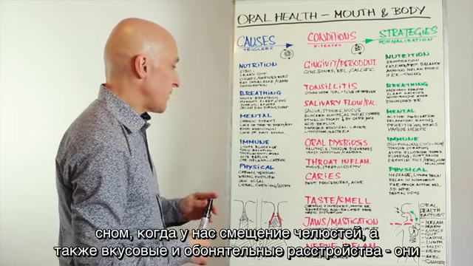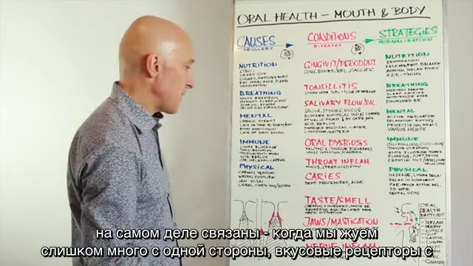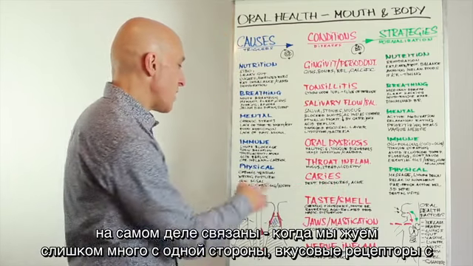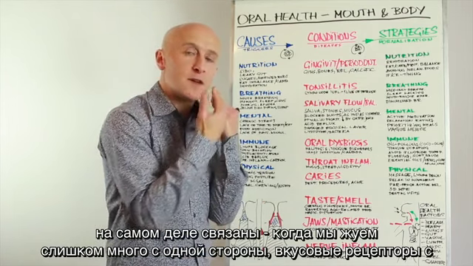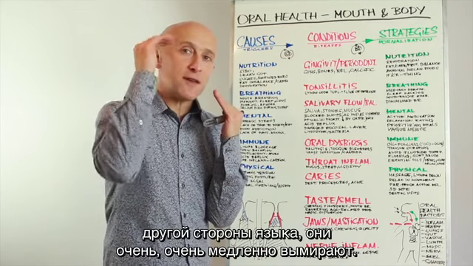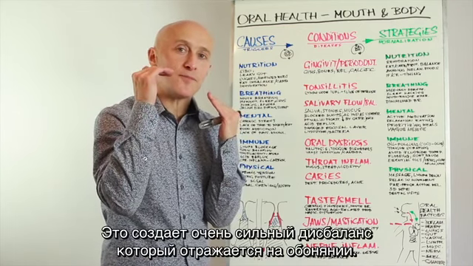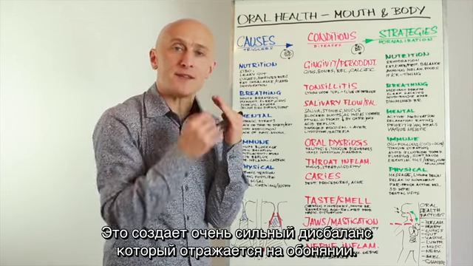When we have misaligned jaws, we have problems with sleep too, and we also have taste and smell disorders, because they are connected. When we chew too much on one side, the taste buds on the other side of the tongue very slowly die out. That creates a very strong imbalance in the smell.